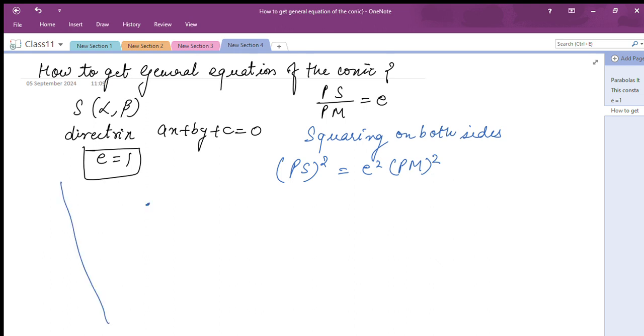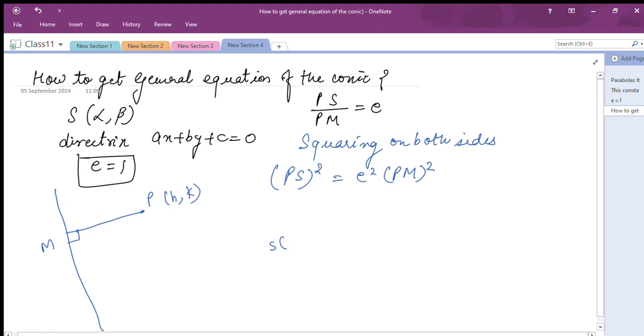This is the point P, a moving point h comma k. This is the perpendicular from the directrix, M, and this is the focus, with coordinates alpha comma beta. You can clearly see the distance PS, and this is the directrix whose equation is ax plus by plus c equal to 0.